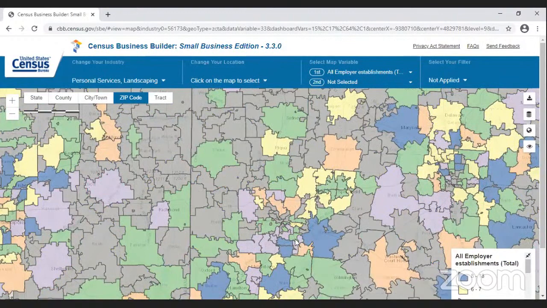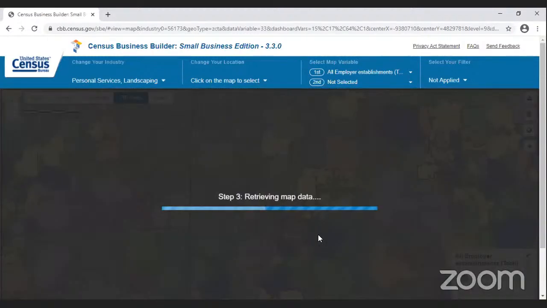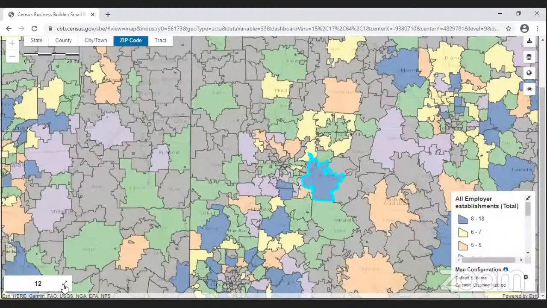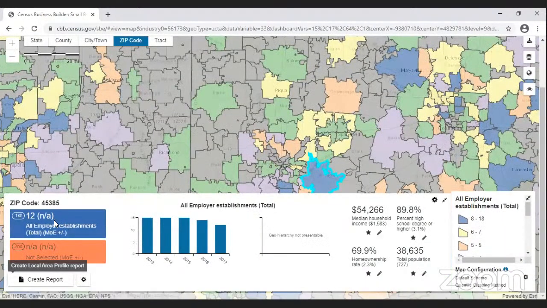The blue is where they have the most, 8 to 18. And I can click on a zip code, and again, I can see what exactly is in that zip code. There's 12 in 45385. 12 landscaping businesses.